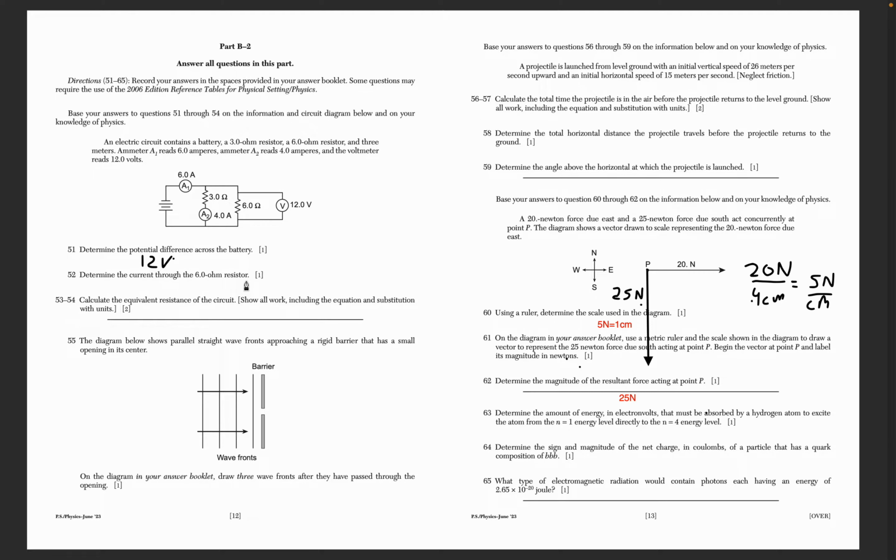Okay, next, question 52. Determine the current through the 6 ohm resistor. The resistance is equal to voltage divided by current, which means that current is equal to voltage divided by resistance. What's the voltage? The voltage is 12 volts again, but the resistance is 6 ohms because it's asking for this resistor.